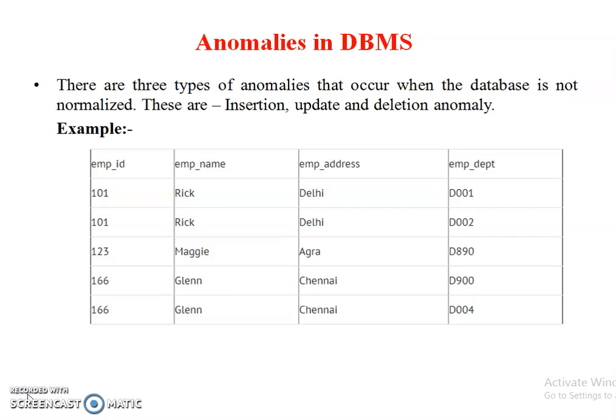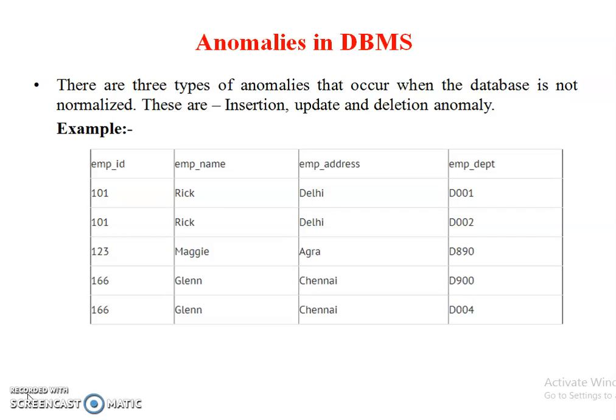Now see in this example, suppose a manufacturing company stores the employee details in a table named employee that has 4 attributes: employee ID for storing employee ID, employee name for storing employee name, employee address for storing employee address, and employee department for storing department detail in which the employee works. And this table is not normalized. We will see the problems that we face when a table is not normalized.